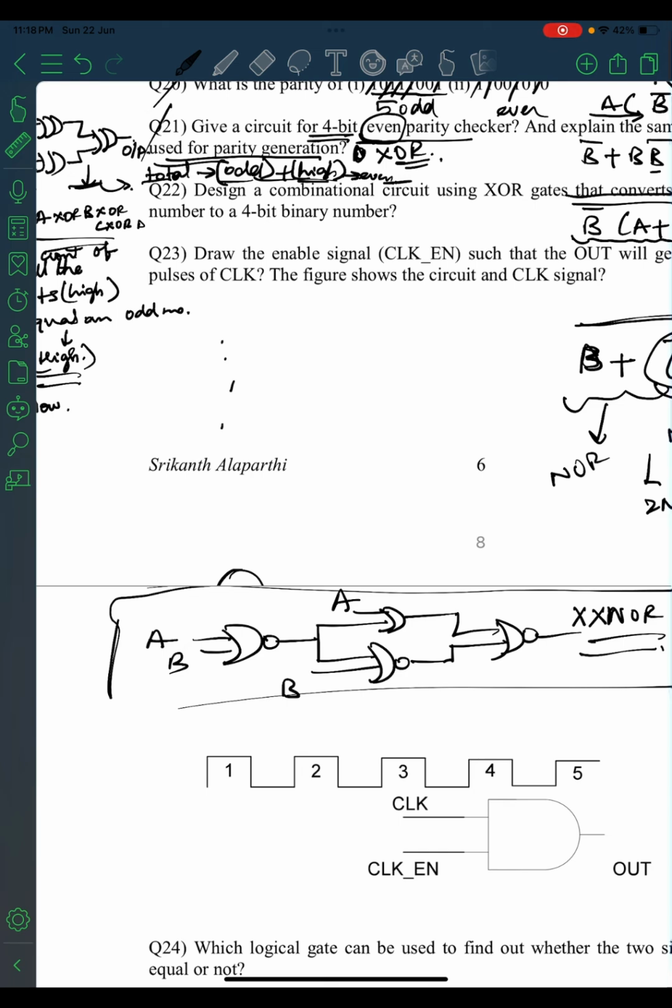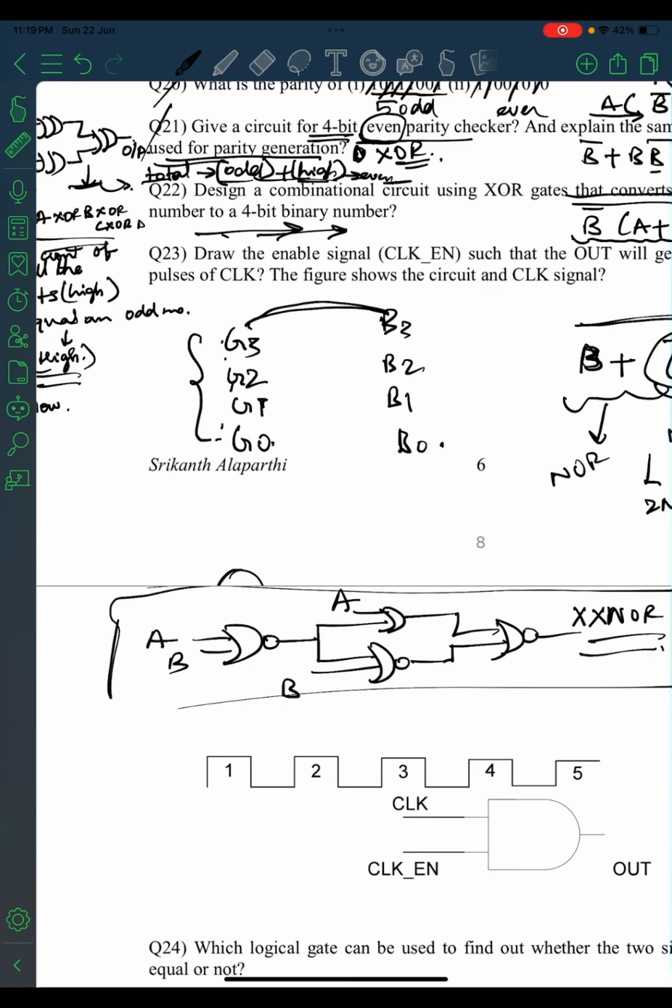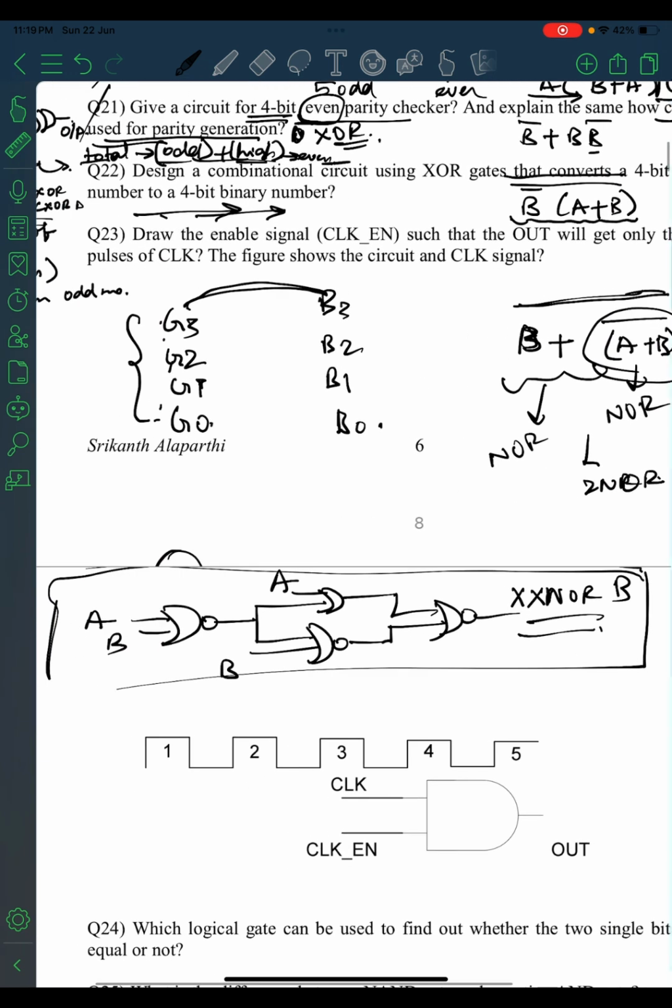It is very well known: G3, G2, G1, G0 are the gray code bits, and B3, B2, B1, B0 are the binary bits. So the MSB remains constant. Here what he's asked is gray code to 4-bit binary, right?